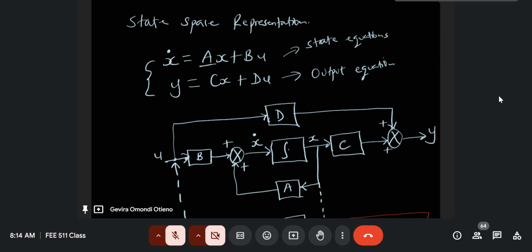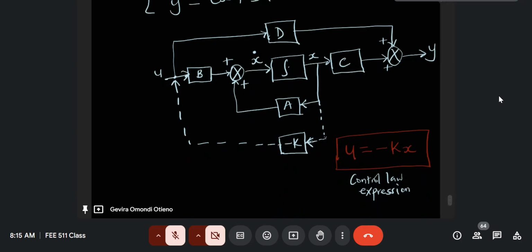Remember, we said that we human beings or designers are able to interpret a system when it is represented in the transfer function form. But when it's written in the state space representation form, we cannot easily interpret it. Computers will easily interpret state space representation. But human beings are used to transfer function because it gives a direct correlation between the input and the output. So I can tell the number of zeros, I can tell the number of poles. I can quickly tell whether the system is stable or not.